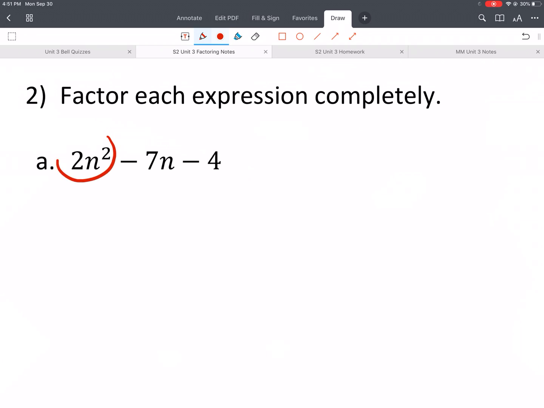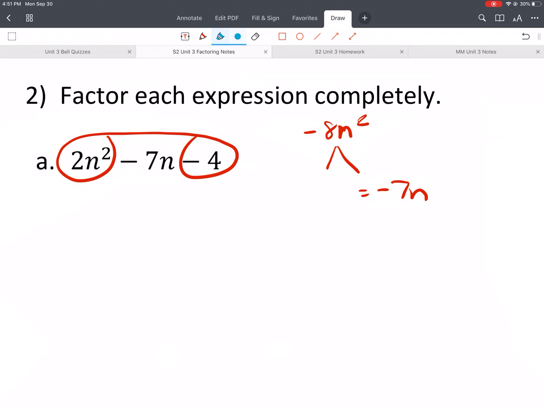We're still going to do our glasses. That gives us negative 8n squared. We want to find two numbers that multiply to give us that and add to give us a negative 7n. Okay, so my guess is, and you just gotta try things out, see if it works.